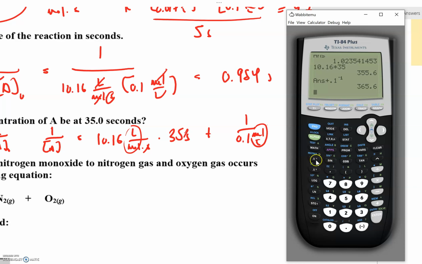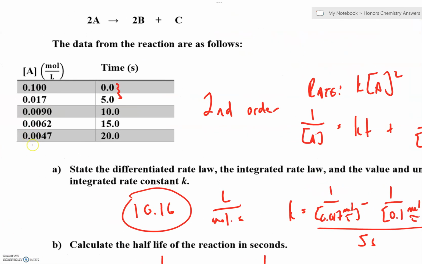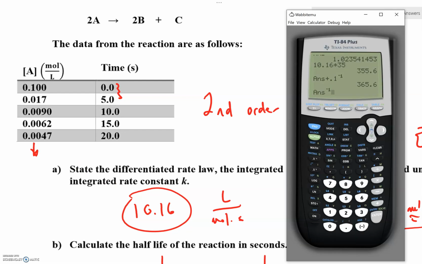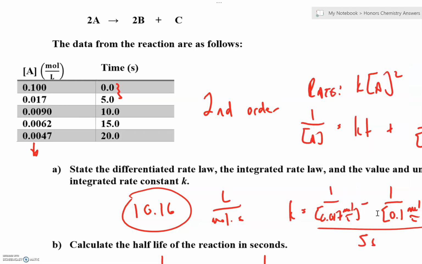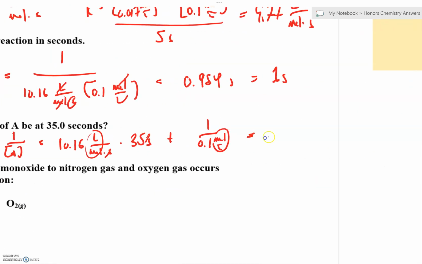So I'm going to take this answer and invert it back, and this will give me my concentration at 35 seconds. If you want to estimate it, it's going to be somewhere less than 0.0047. If it doesn't look like less than 0.0047, yeah, screwed up. 0.0027, and that looks fine to me. So our concentration, 35 seconds, 0.0027, and the units are moles per liter. Okay.